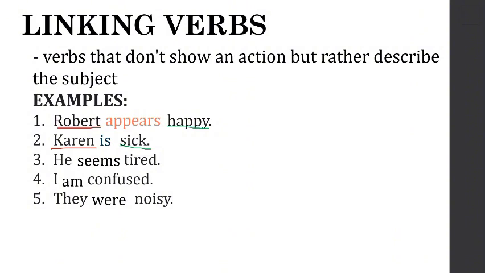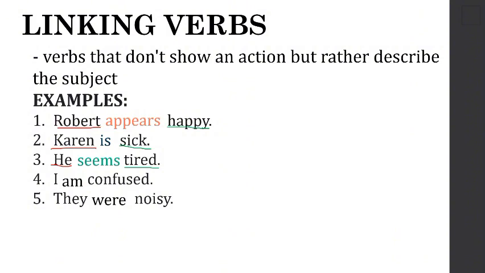I want you to independently do the three more examples, and I am going to underline them without explaining that much because I know that you are already following. Our subject in here is he, and our subjective complement is tired, which makes seems our linking verb.